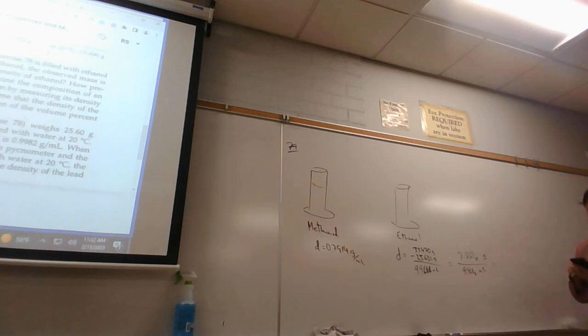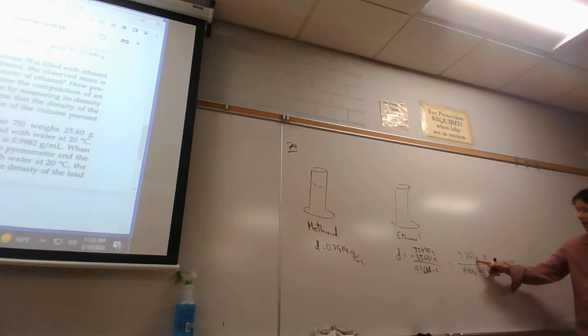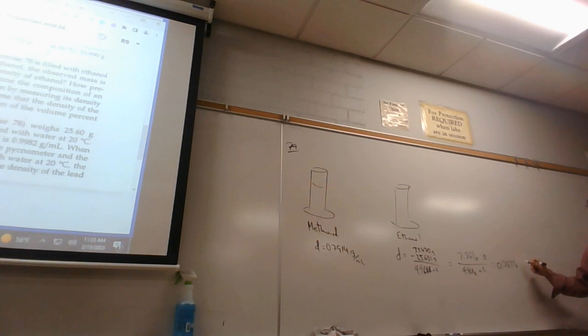And so the density of pure ethanol, 7.8690 divided by 9.9688, comes out to 0.78936 grams per milliliter, and we're allowed 4 sig figs, so I'll carry 1 extra here. Since this is the final answer, I'll round it: 0.7894 grams per milliliter.